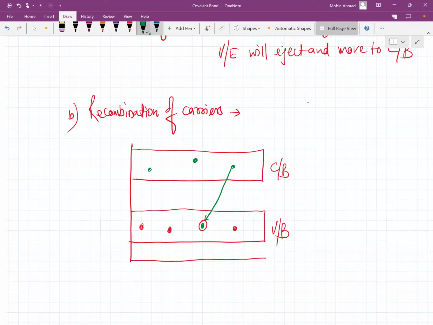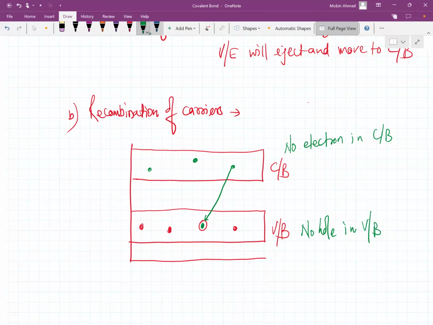It is always created in the valence band. So now there will be no hole in the valence band, and no electron in the conduction band. There was a pair of electron and hole, so if one electron moves from here, there will be no electron in the conduction band and no hole in the valence band.